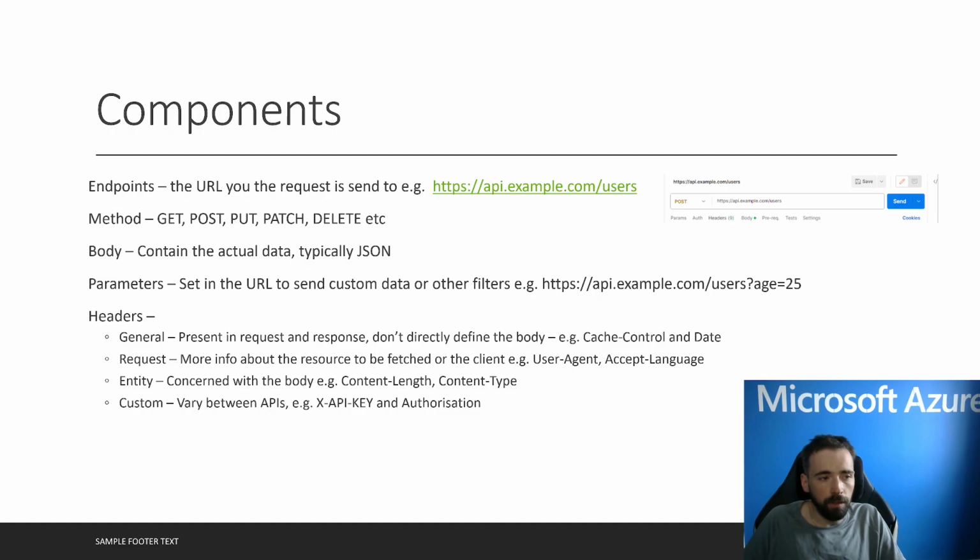Finally, we've got headers. First of all, we've got general headers. These are present in the request and the response. They don't directly define the body. Some examples are cache control and date. Then we've got request headers. This is more information about the resource that's being fetched and the client.